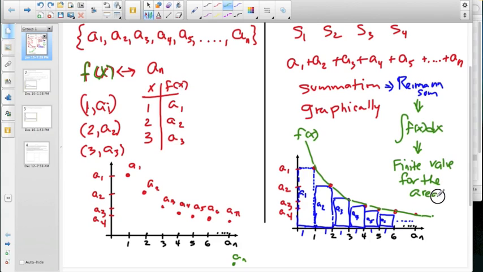So what we're getting to then is we're using an integration process.